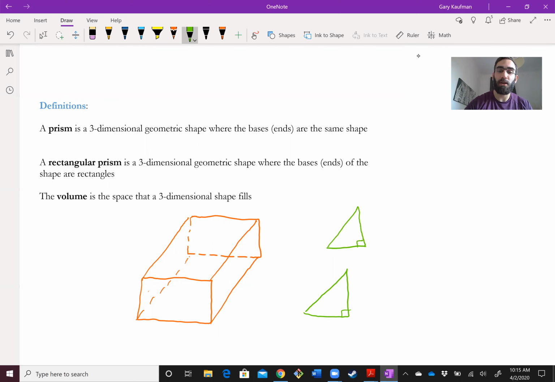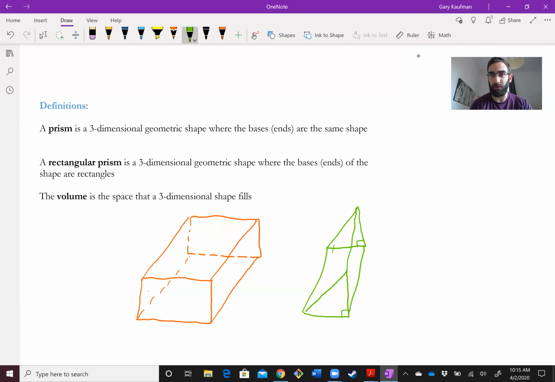There's my other right triangle. So I could connect there to there, there to there, and there to there. There's my triangular prism. Again, if you want to get fancy, you could say, well, I wouldn't actually be able to see that back one, and you could turn it into a dotted line as well.